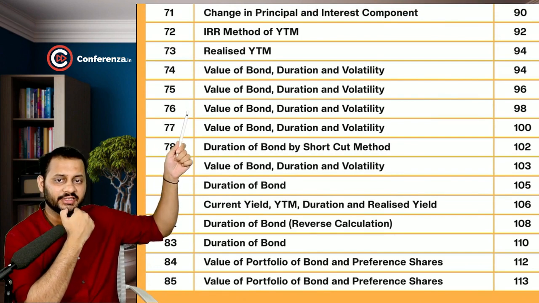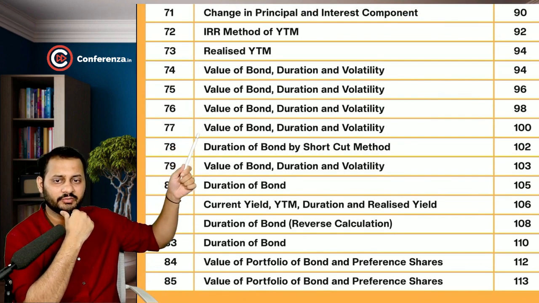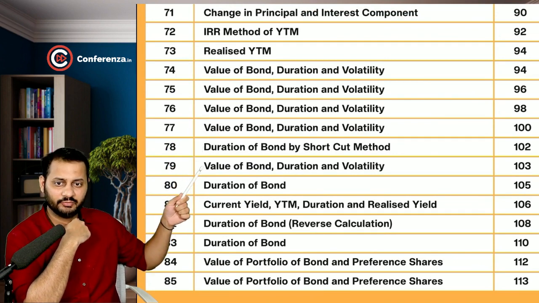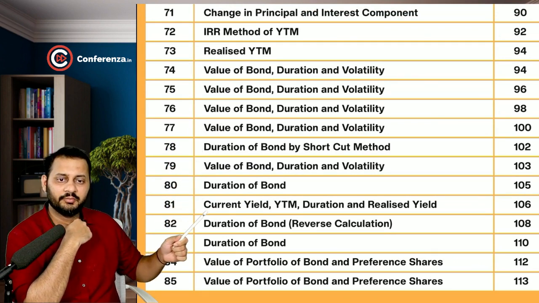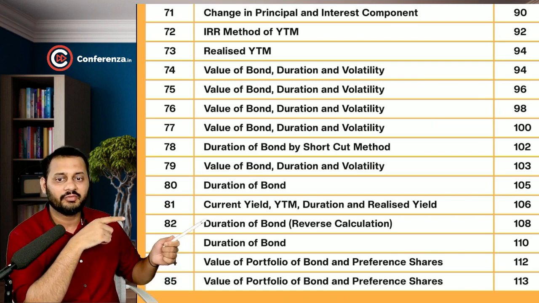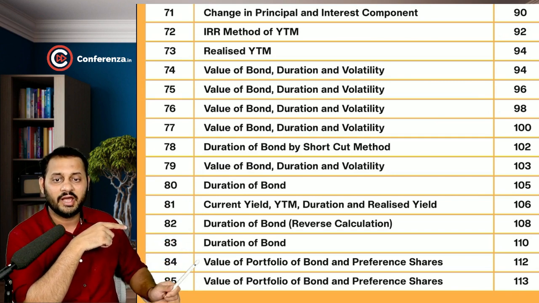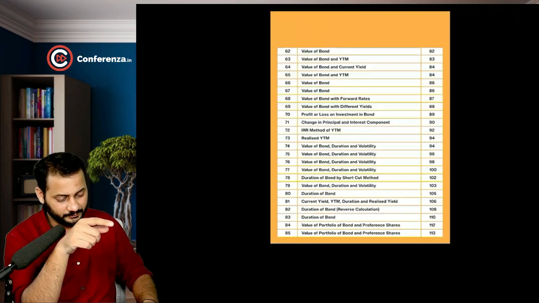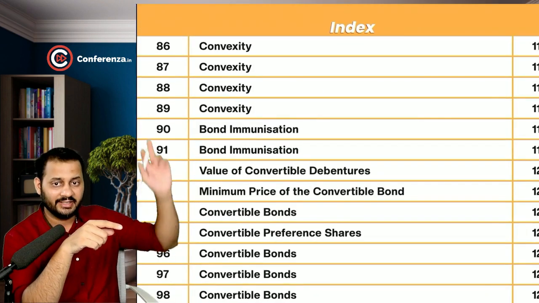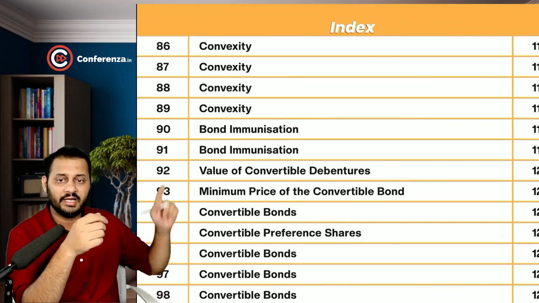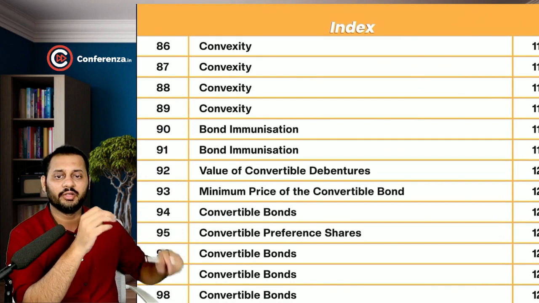Value of the bond, duration and volatility, duration of the bond by shortcut method, current yield, YTM, realized yield, reverse calculation where we found that 15% was the coupon rate, then value of the portfolio of the bond and preference shares. These both were given as homework. Then come to this point. 86, 87, 88 and 89 were the questions for convexity, and 90 and 91 are the questions for bond immunization.